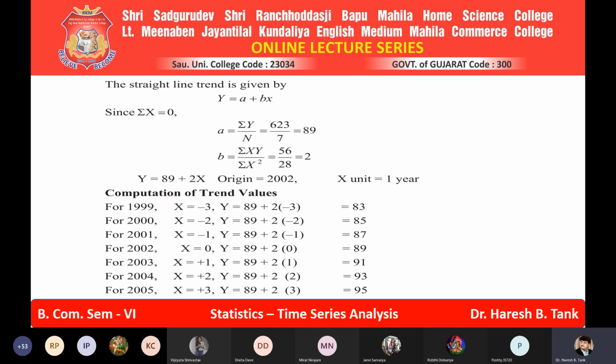We are going for the next level of computation of the method of least squares. Before that, let me confirm that you don't have any issue or any questions related to this method when it is linear.